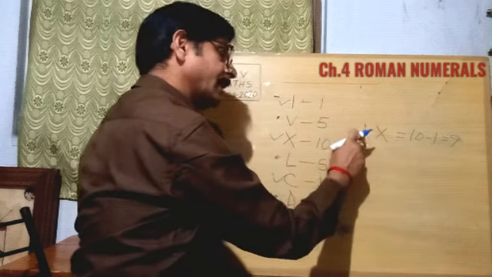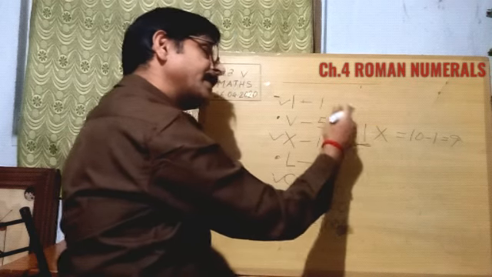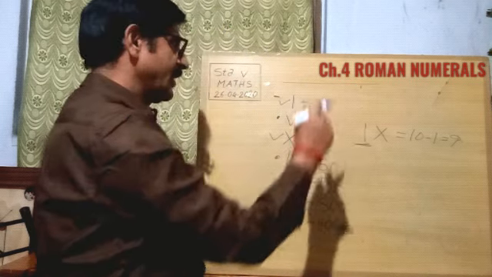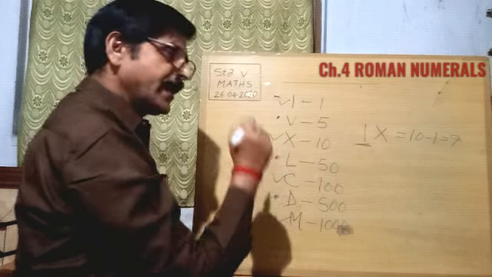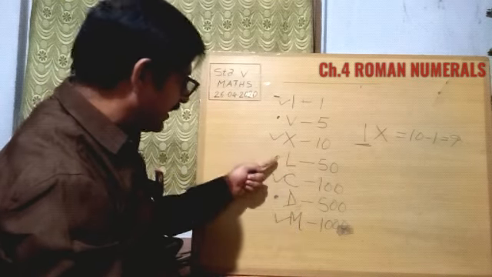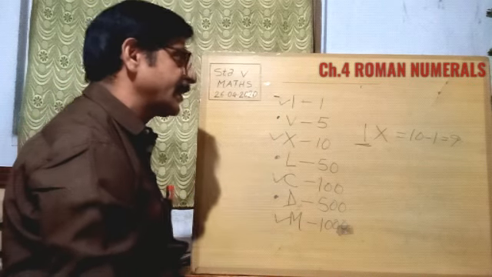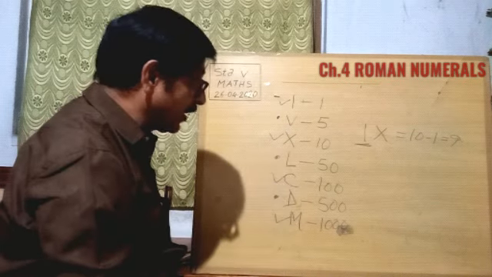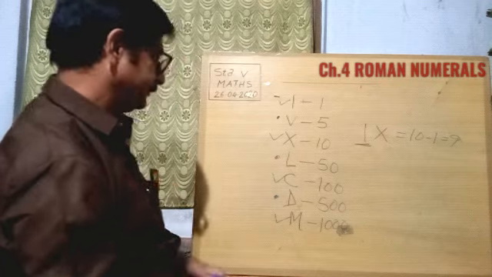And one thing to be noted, this smaller numeral cannot be repeated on the left side. It can be written only once. Moreover, V, L and D, which we said are never repeated, cannot be subtracted from a larger symbol.